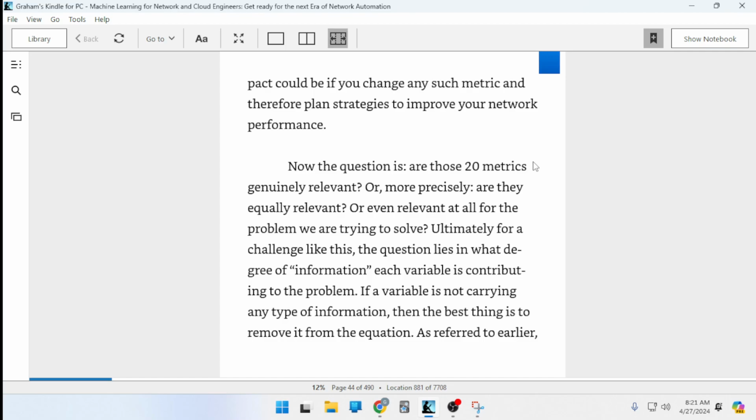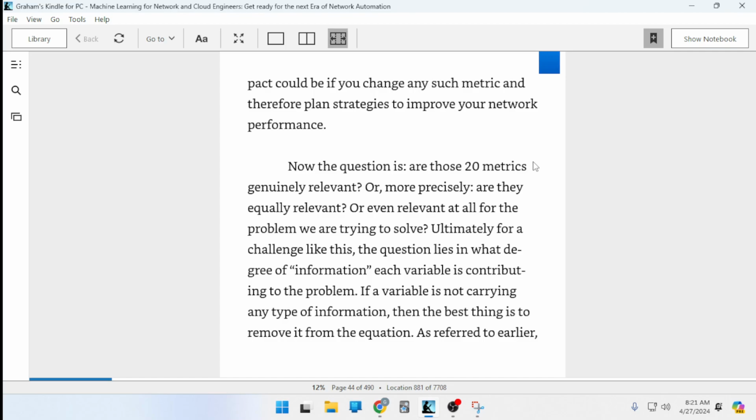Now the question is, are those 20 metrics genuinely relevant? Or more precisely, are they equally relevant? Or even relevant at all for the problem we're trying to solve? Ultimately, for a challenge like this, the question lies in what degree of information each variable is contributing to the problem.